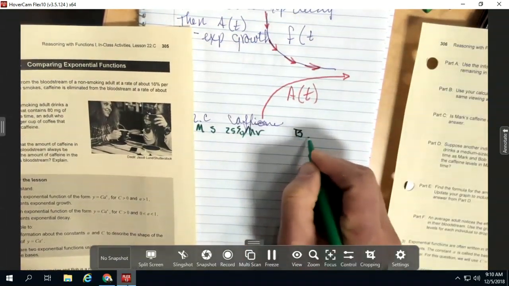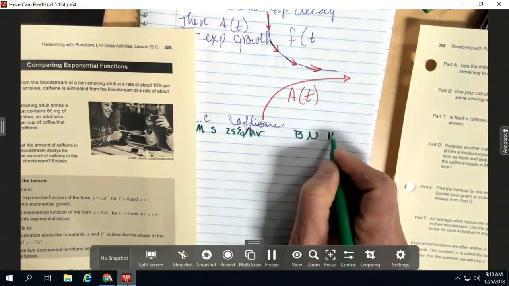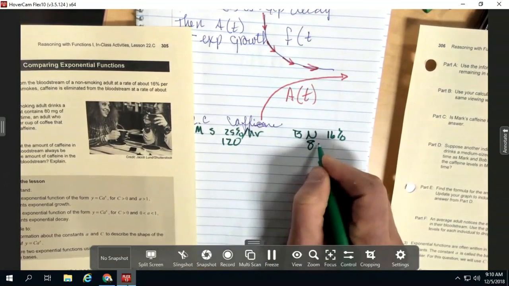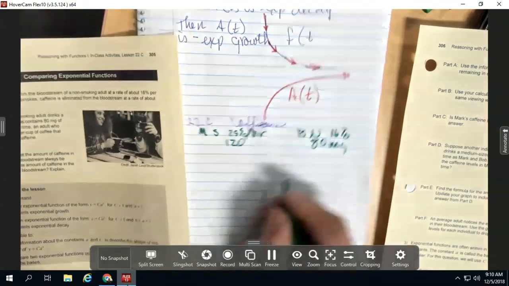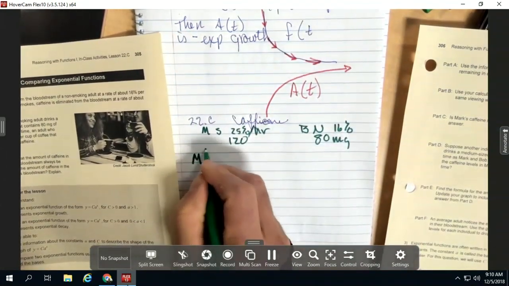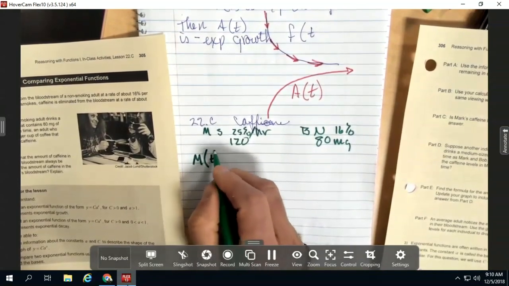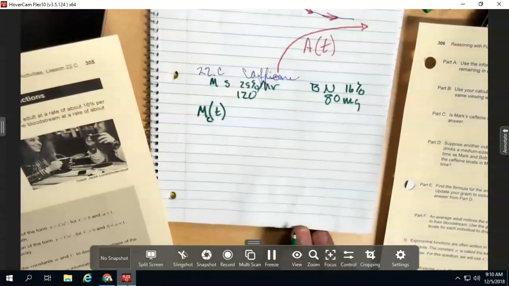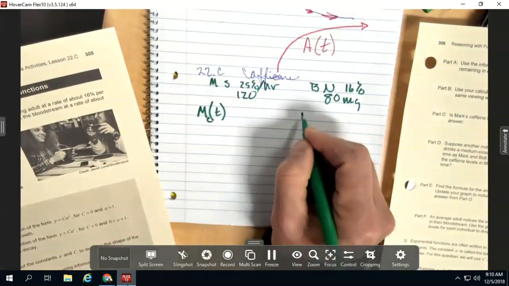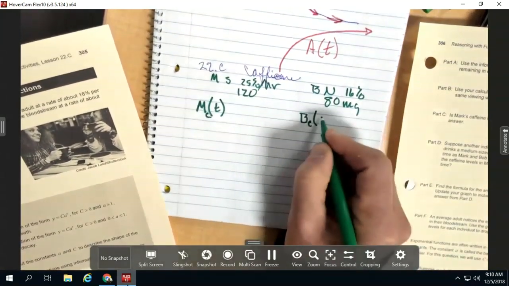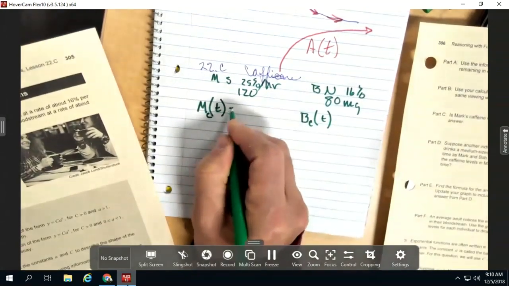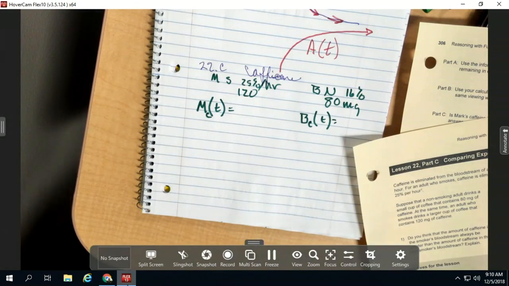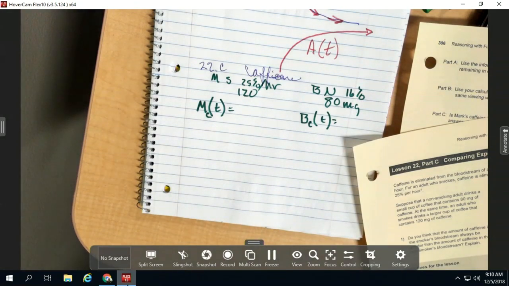Bob, non-smoker, 16% per hour, 120 here, 80 milligrams here. So we're going to have Mark as a function of time. So I suppose we could say M sub C for caffeine as a function of time, and B of t as a function of time. Go. I'll walk around and help. You should be able to do this by now.